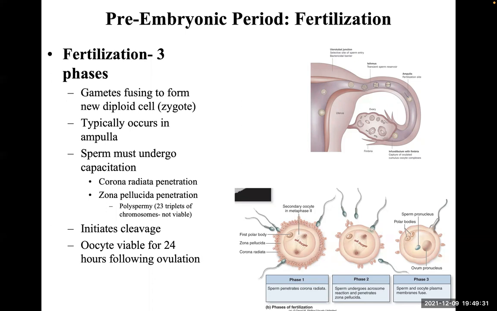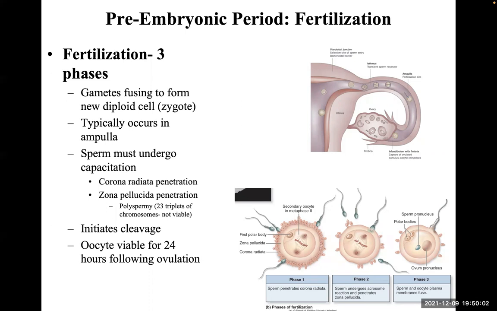That event causes crystallization of the zona pellucida so that no other sperm, even sperm that have bound to the receptors and are trying to make their way into the secondary oocyte, can get in. That crystallization prevents any other sperm or the chromosomes associated with those sperm from gaining access to the inside of the secondary oocyte, which is where that set of DNA resides that's arrested or halted in metaphase 2.